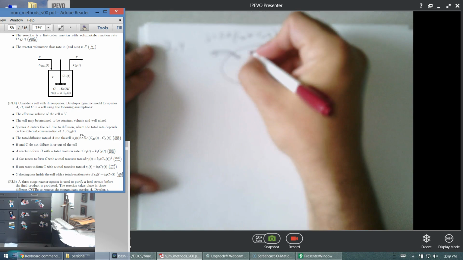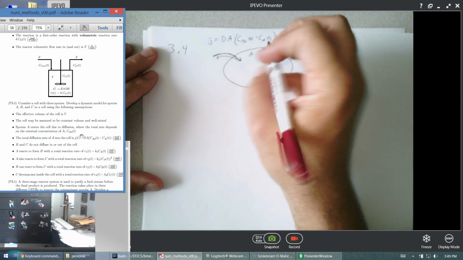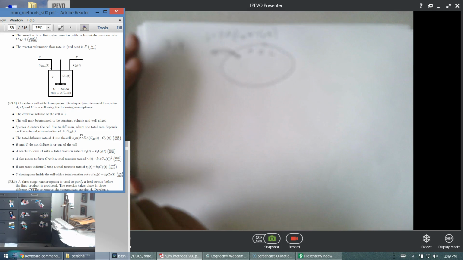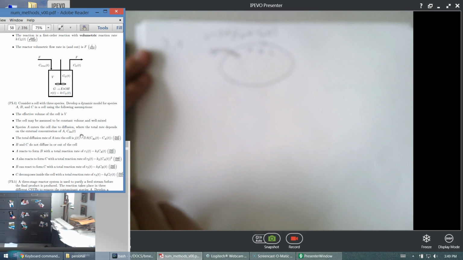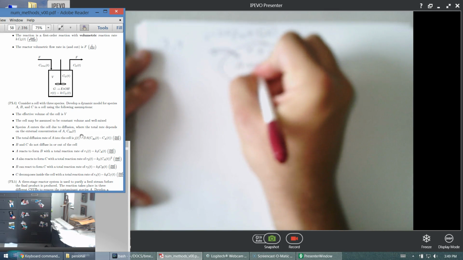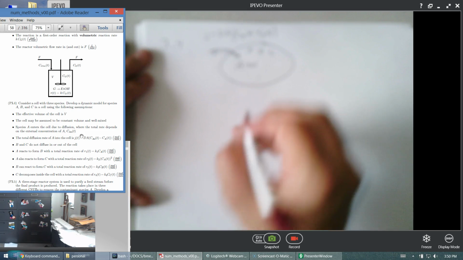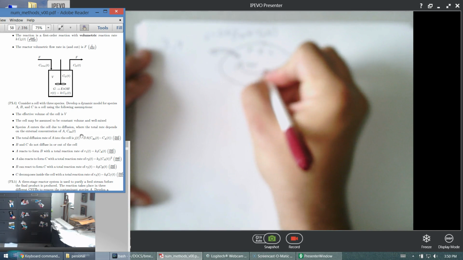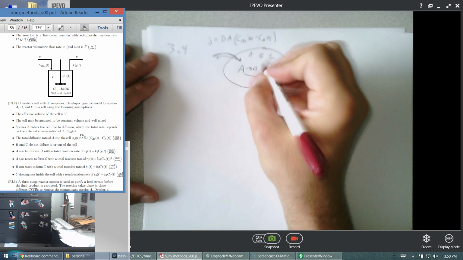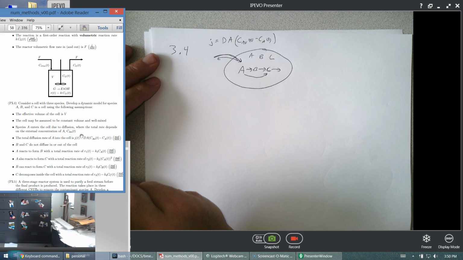Inside the cell we have A, B, and C. And we have 4 different reactions. A reacts to form B with reaction rate 1. A also forms C. B forms C, and C just decomposes.